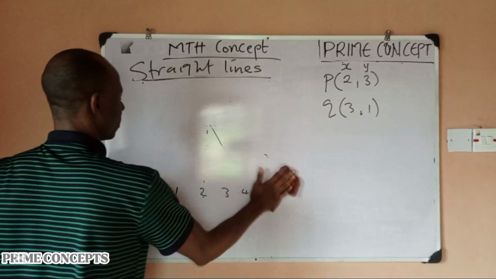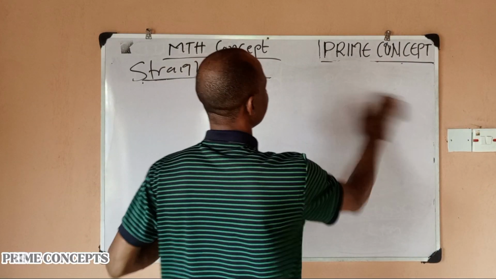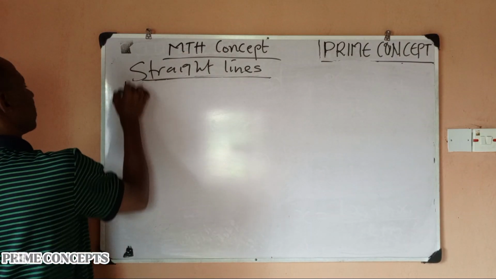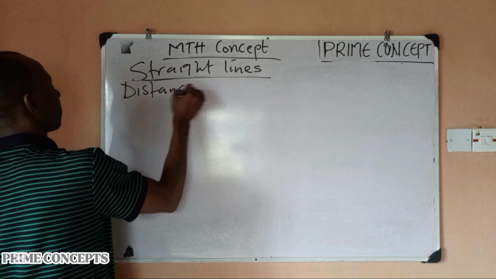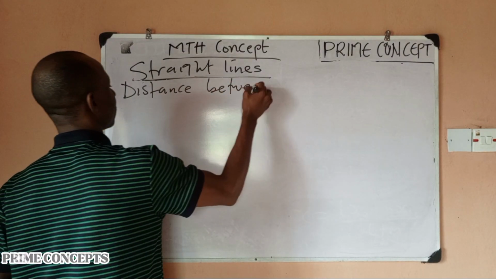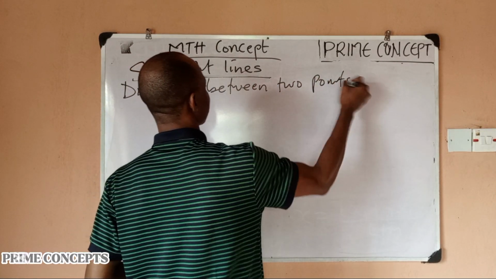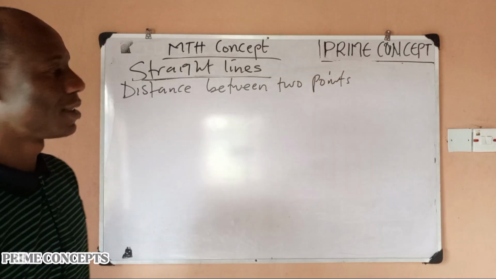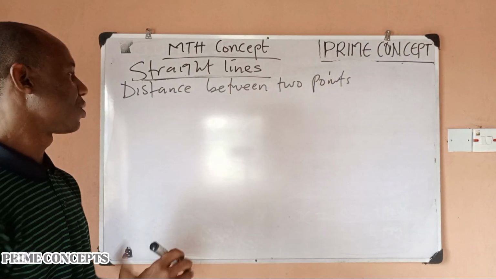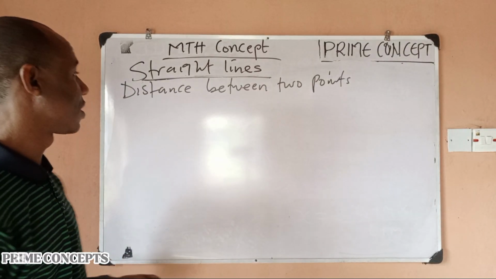So, the distance of a straight line: the distance between 2 points. We want to look at how to find the distance between 2 points, which is just a straight line.